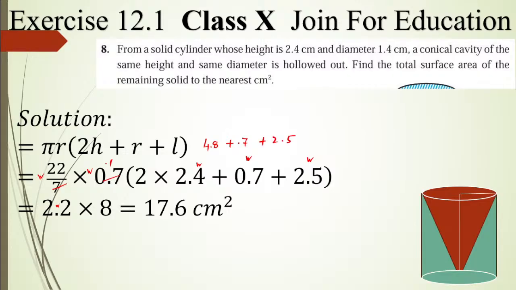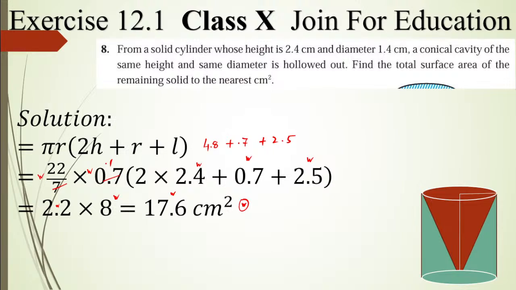So the addition will be 8. So 2.2 into 8 equals 17.6 centimeter square.